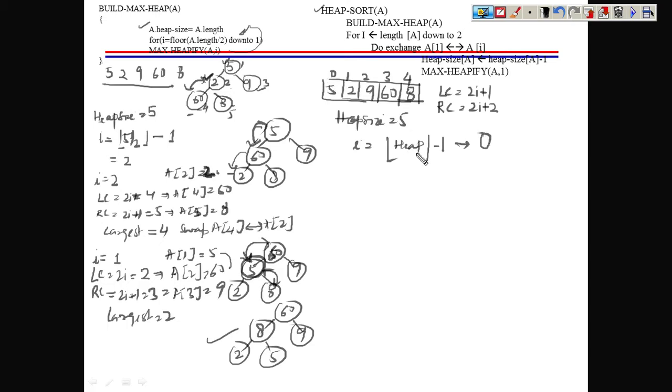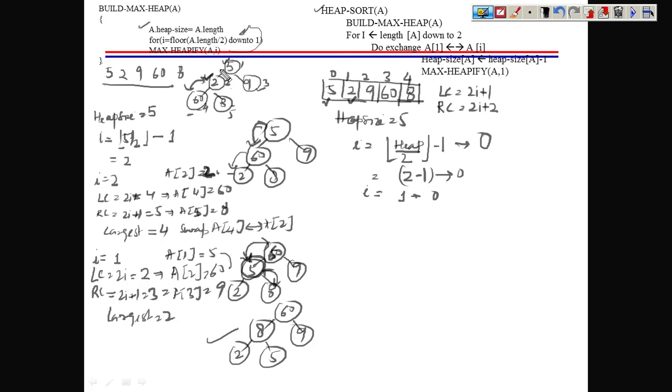So these are certain changes that you have to keep in mind when you are applying this algorithm on an array. So what you will get is 2 minus 1 up to 0. That means your i will go from 1 to 0.